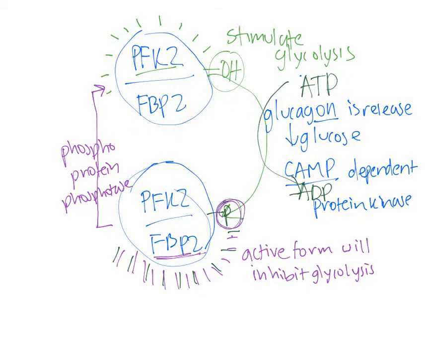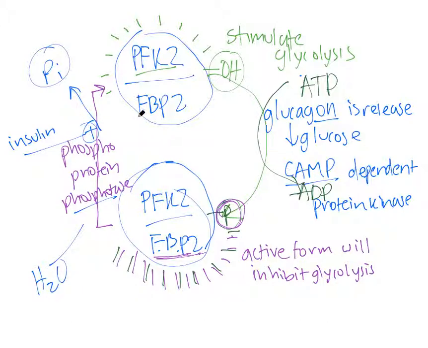So insulin is going to stimulate glycolysis, meaning we have a lot of glucose in the blood. Like we just ate a meal, so our insulin just spiked. This enzyme is going to hydrolyze fructose bisphosphate 2, and it's going to kick out a phosphate group. And that's how this enzyme works.